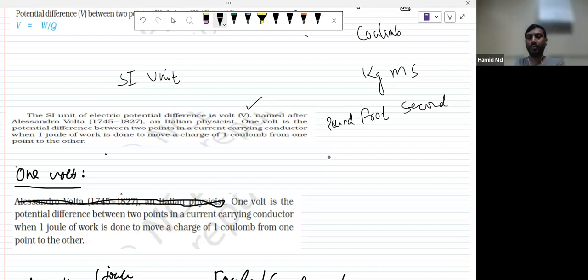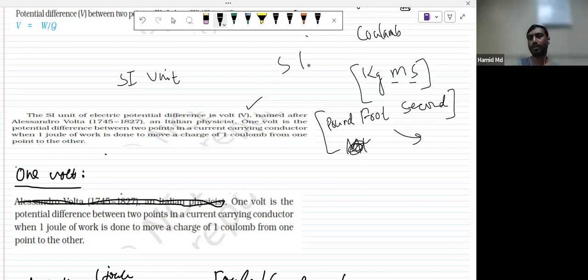This is the British unit, and this is kilogram meter second, the SI unit, the international standard unit, accepted all around in the scientific community.